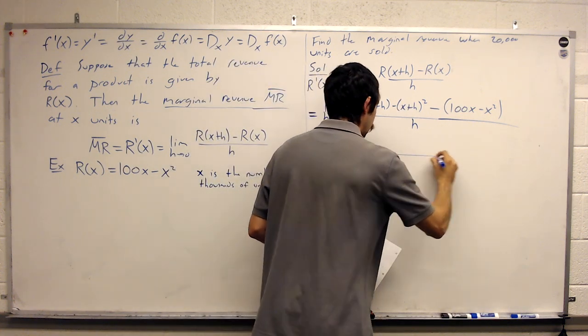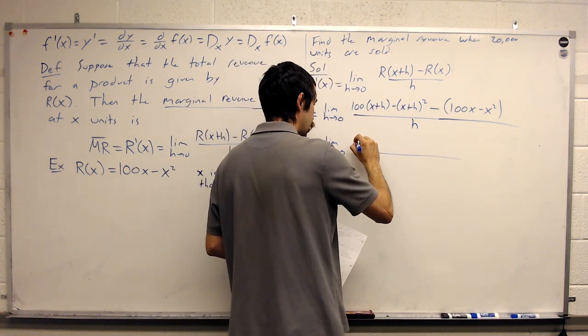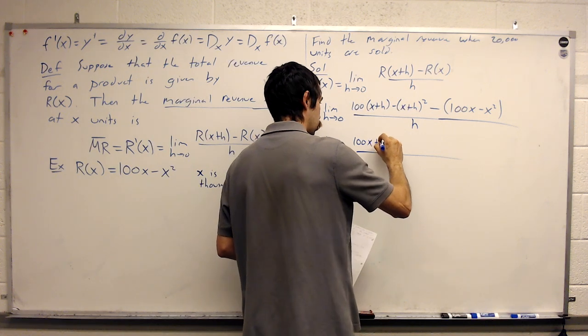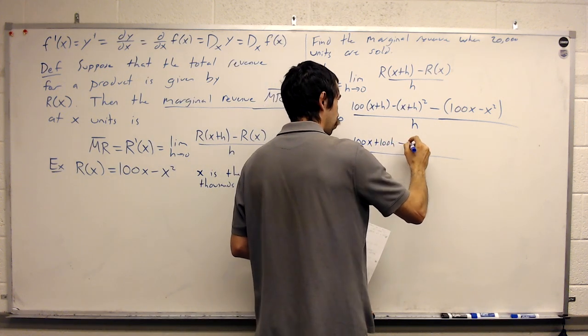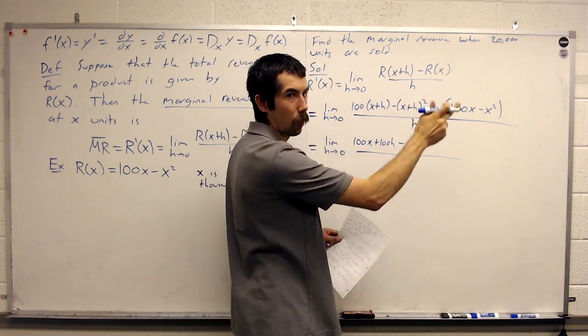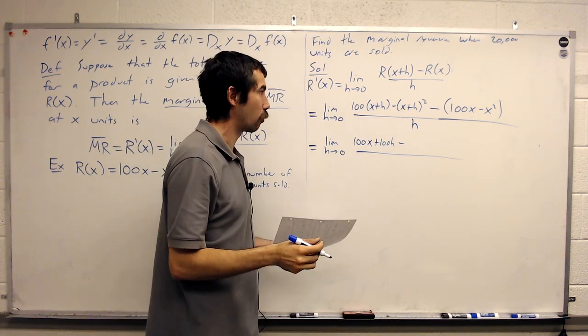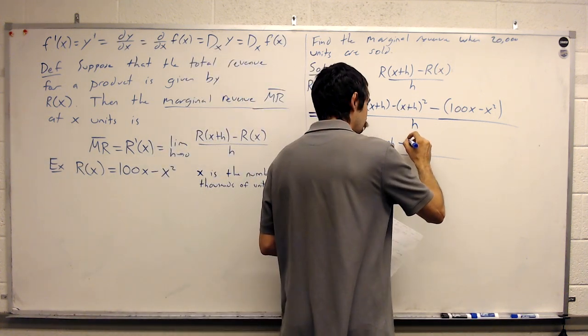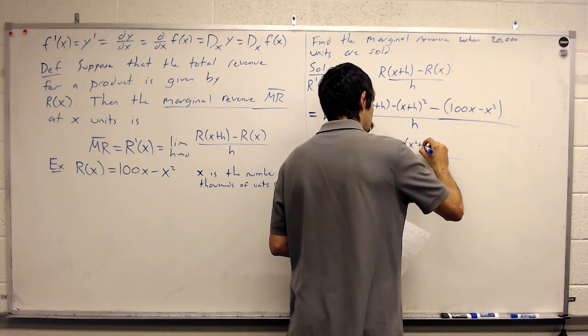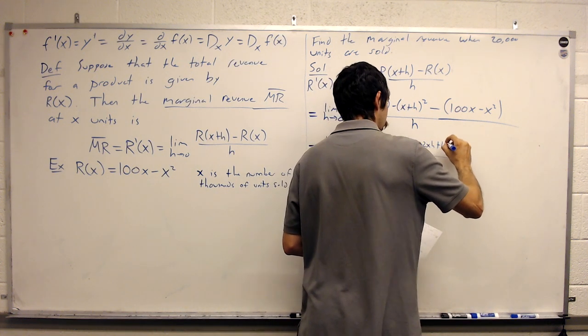Our numerator is 100x plus 100h minus, okay, x plus h squared, FOIL. You can't just distribute the exponents. It's not how it works. So it's minus x squared plus 2xh plus h squared.